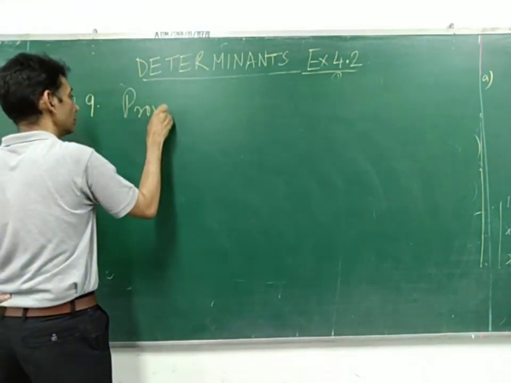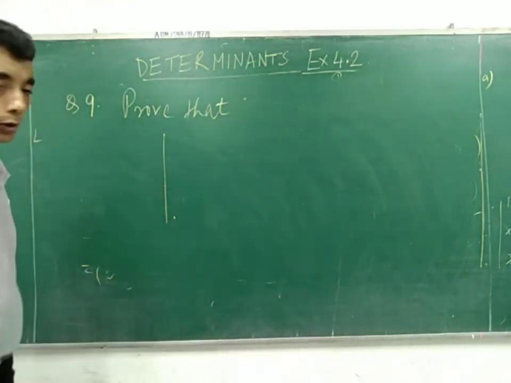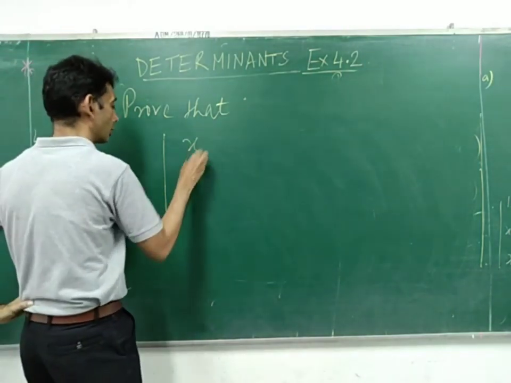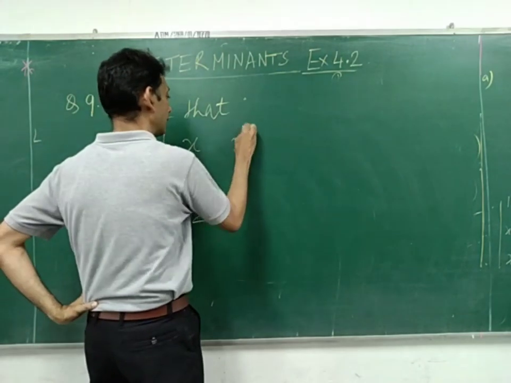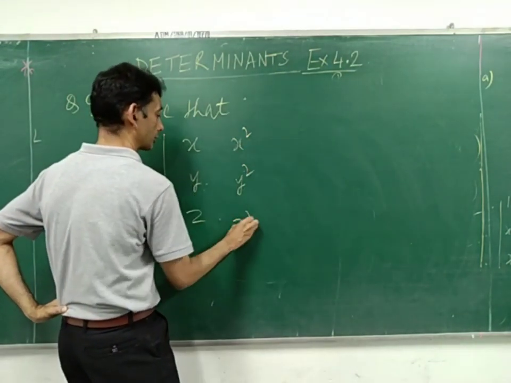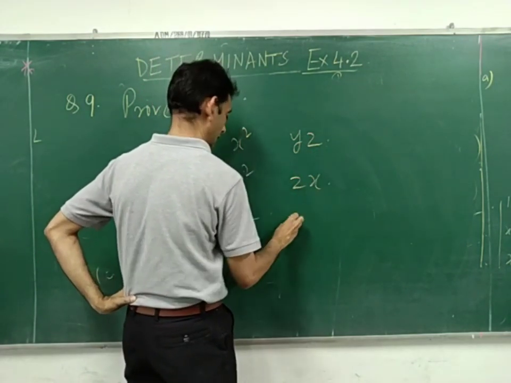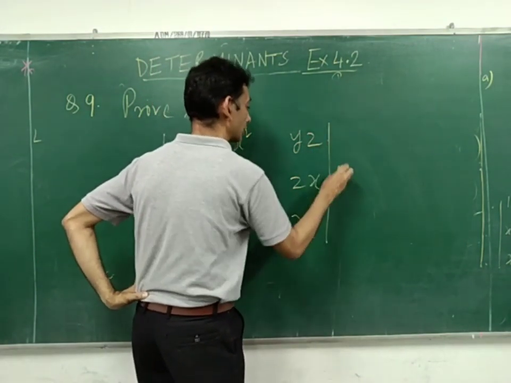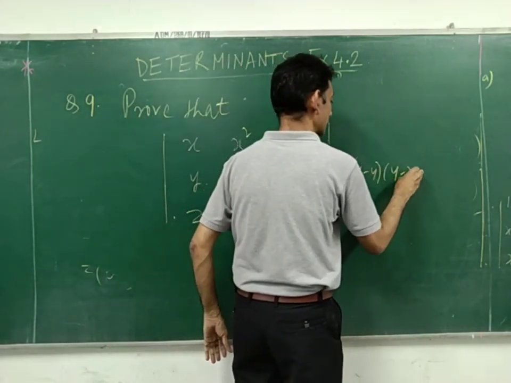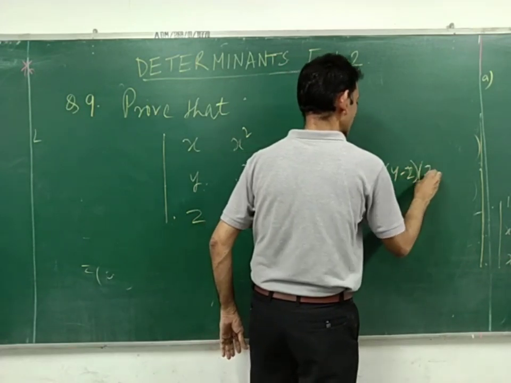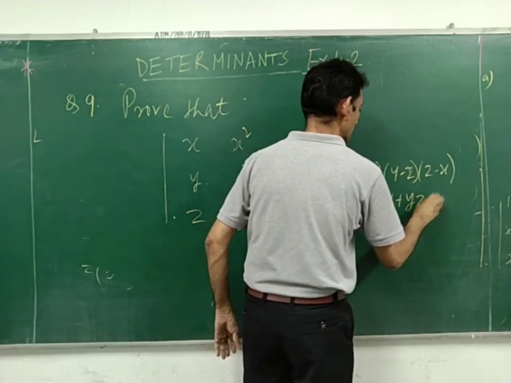Prove that the determinant with rows x, y, z; x squared, y squared, z squared; yz, zx, xy is equal to (x minus y)(y minus z)(z minus x) into (xy plus yz plus zx).